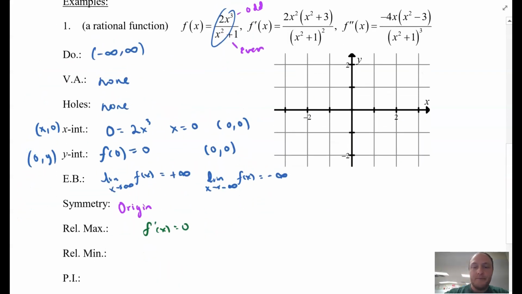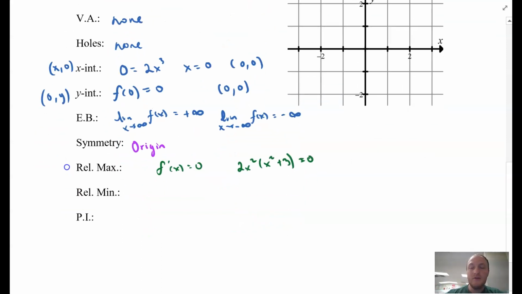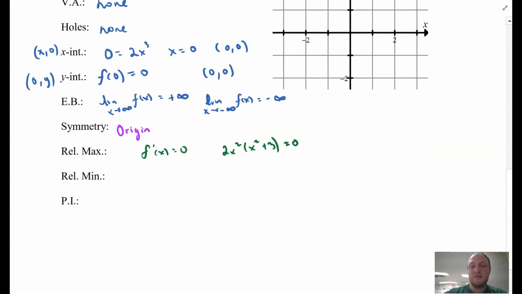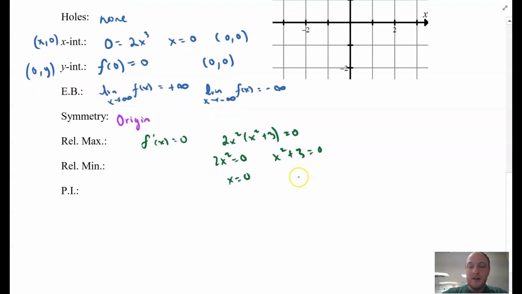Okay, so again, just like with our x-intercept, I can take the numerator, so 2x squared times x squared plus 3, and I set this equal to 0. Now, when I do this, we get two cases. We get 2x squared is equal to 0, and we get x squared plus 3 is equal to 0. This case produces 0. This case produces no critical numbers, right? That's what we're finding here.